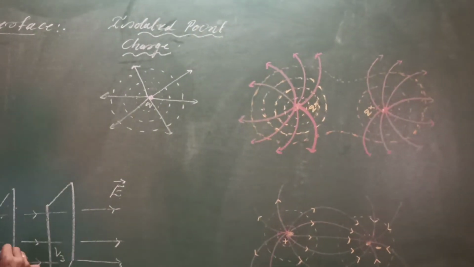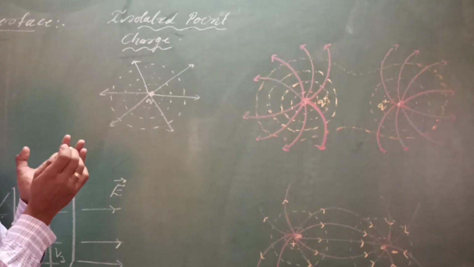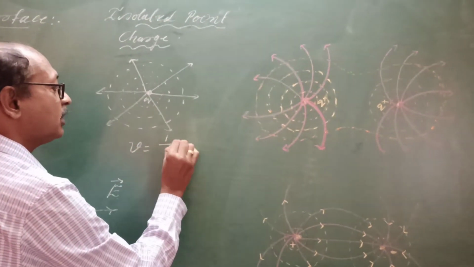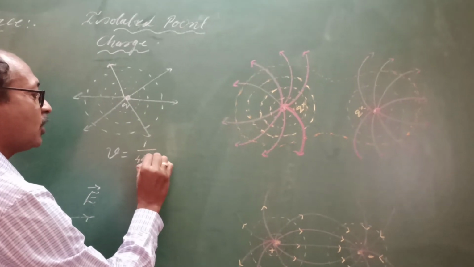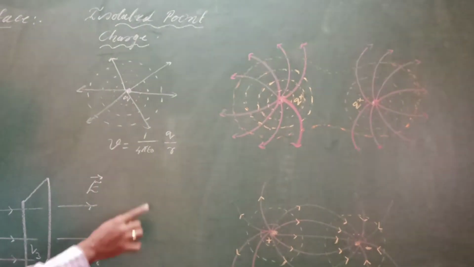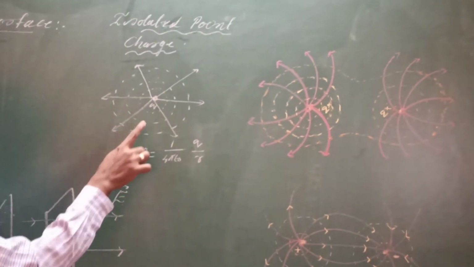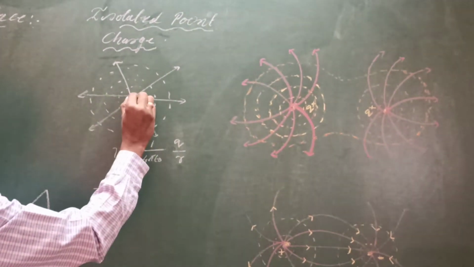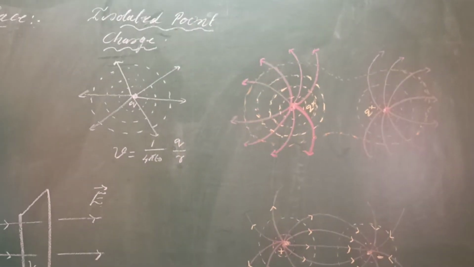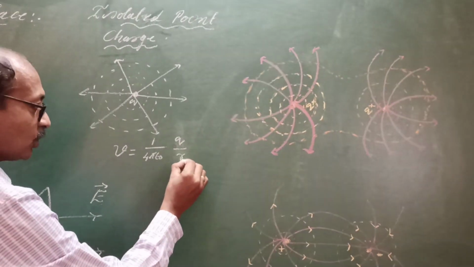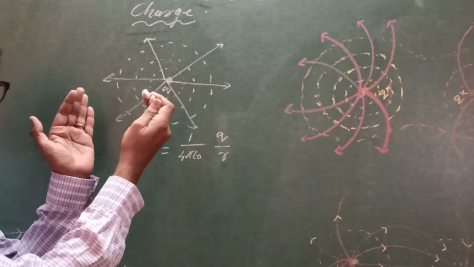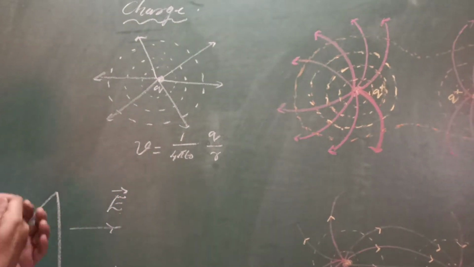You already know the equation to find the potential: V is equal to 1 over 4 pi epsilon naught Q divided by R. Q is the charge, V is the potential, R is the distance, or we can say the radius. Now as R goes on increasing, the potential decreases.